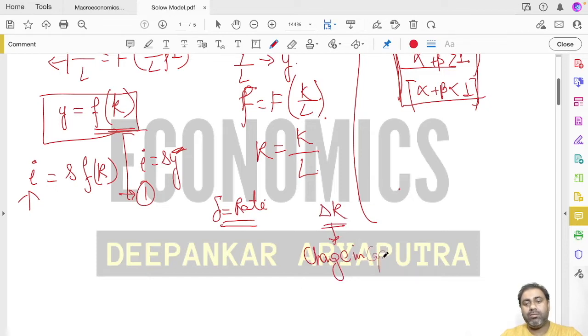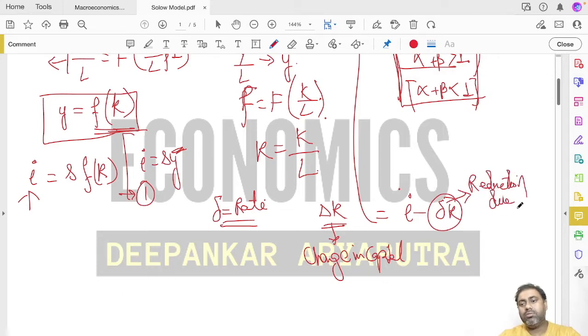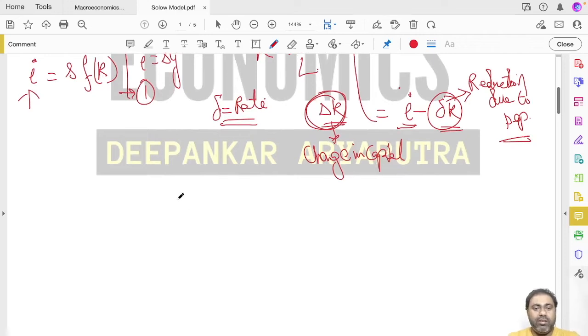Change in capital is equal to actual units of capital minus the reduction due to depreciation. So change in capital is equal to actual capital stock minus depreciation. So we can write delta K is equal to s f(k) minus delta k.